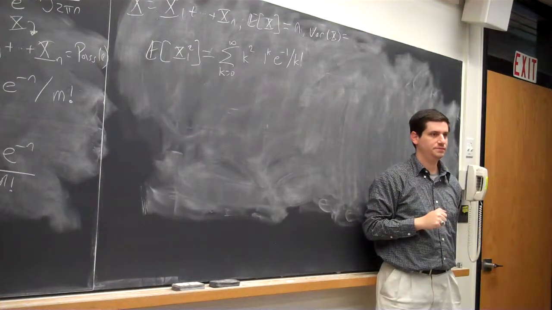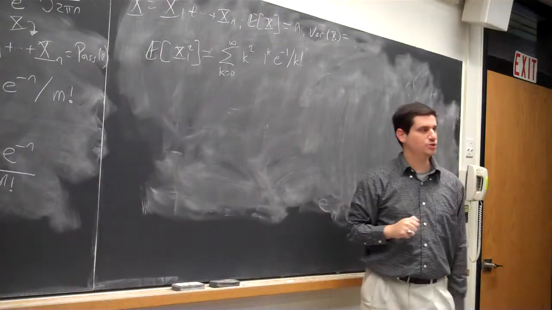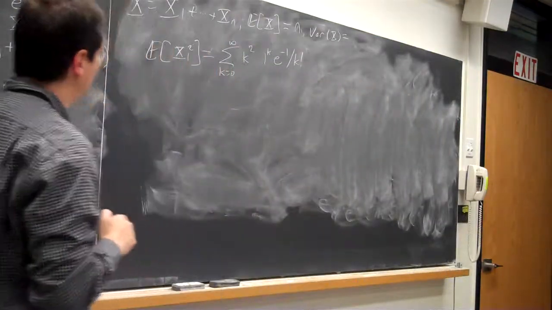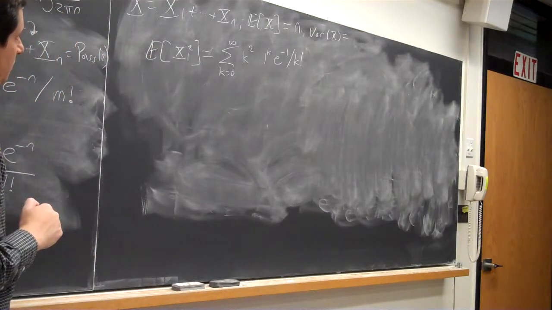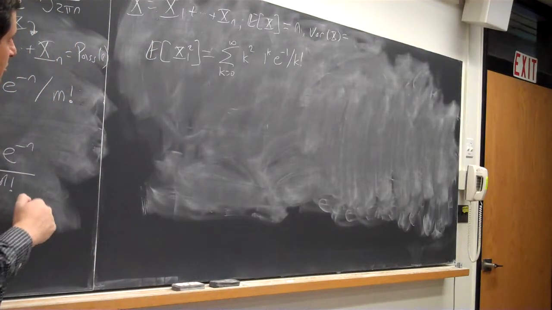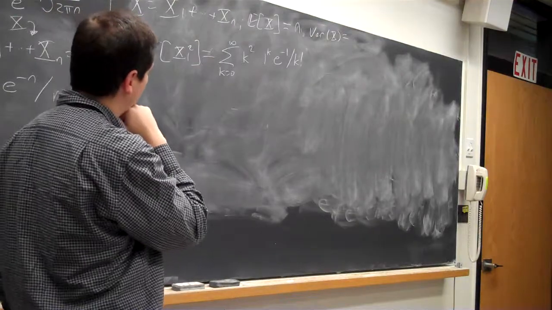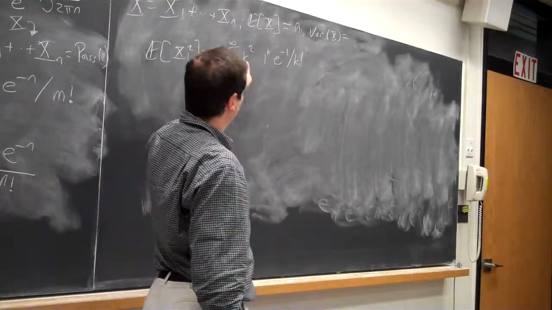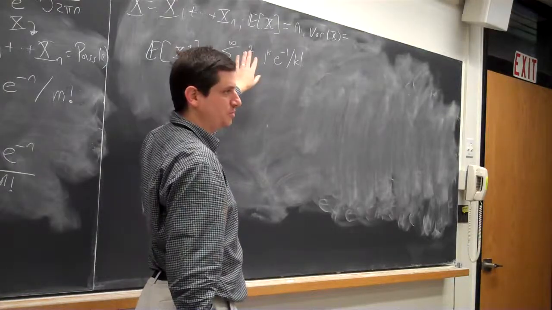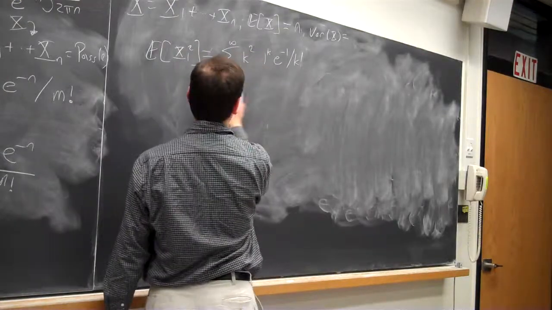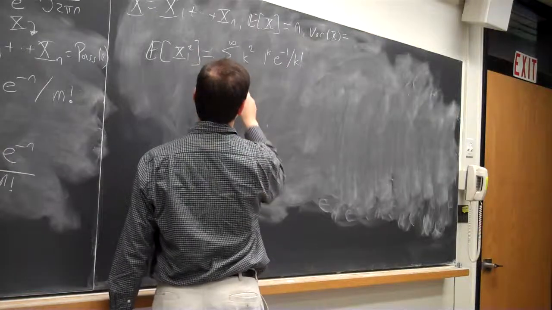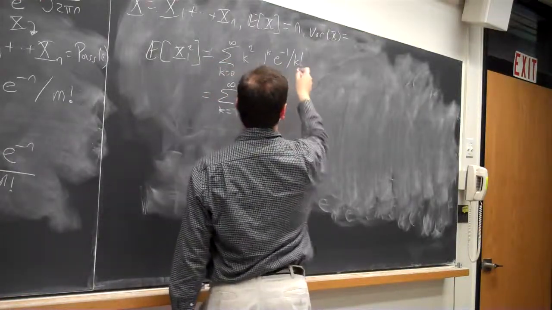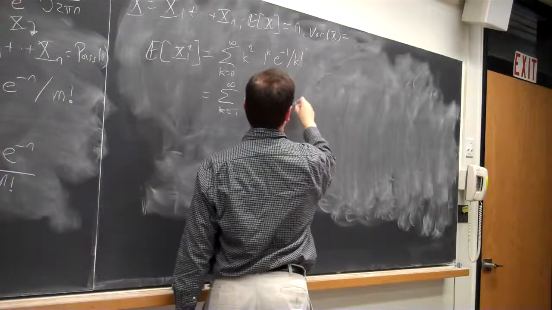And so then the question is, what is this sum equal to? There are lots of different ways of doing this. We talked about doing it by differentiating identities. If k equals 0, we're fine. The contribution is just 0. So we can start the sum at k equals 1. k goes from 1 to infinity, and we have k e to the minus 1, and then k divided by k is k minus 1 factorial.